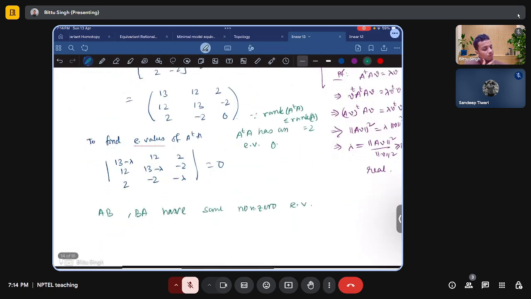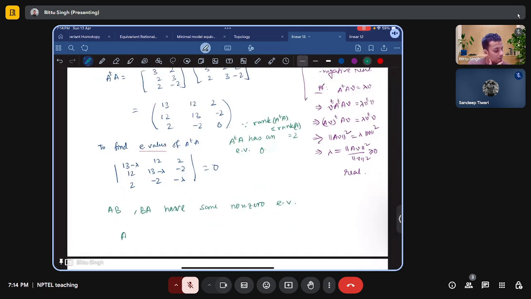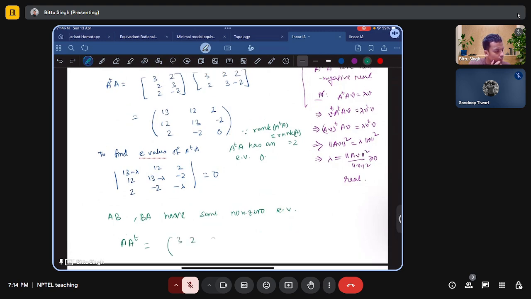So let us find the eigenvalues of BA. BA means A A transpose, right? So A A transpose is 3 2 2, 2 3 minus 2 times 3 2, 2 3, 2 minus 2.